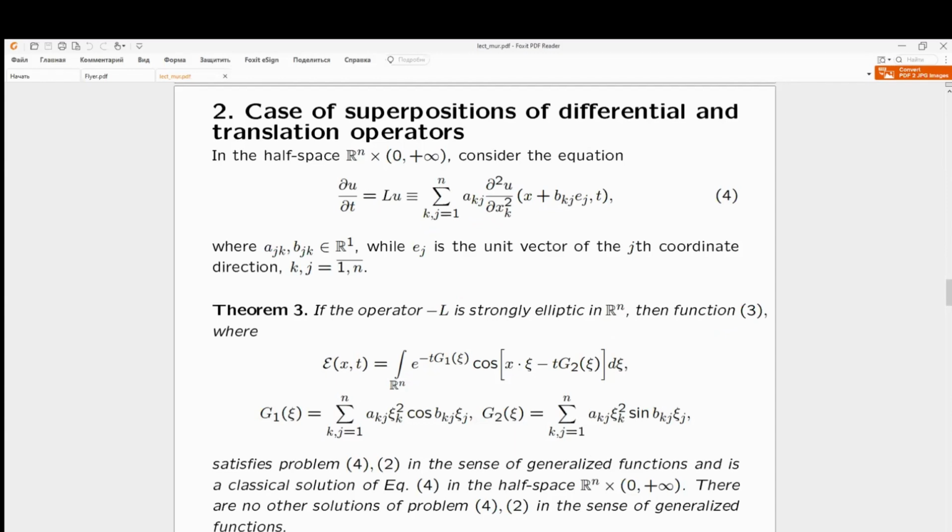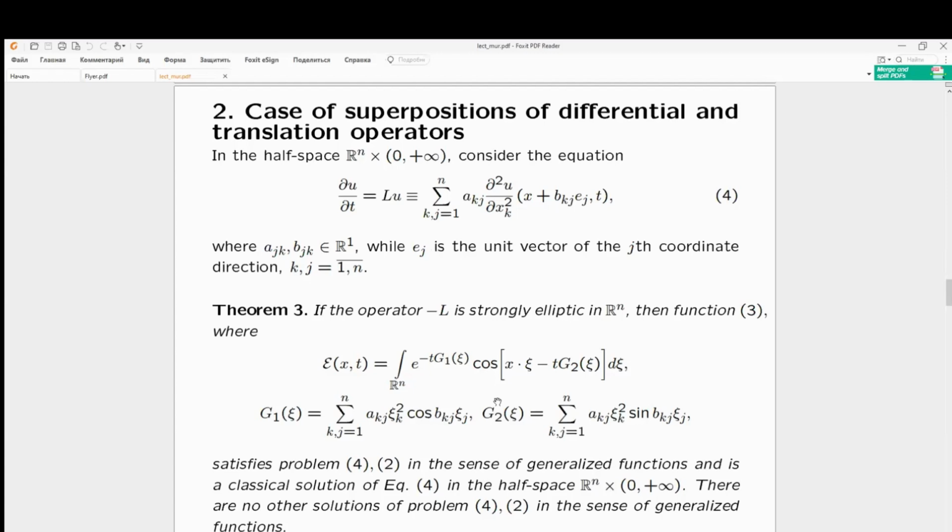So this function 4 satisfies our Cauchy problem in the sense of generalized functions, or if you like, distributions. But in the half space Rn times the interval 0 to plus infinity, it satisfies our equation in the classical sense.